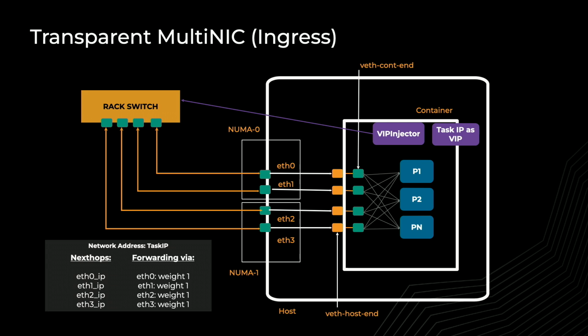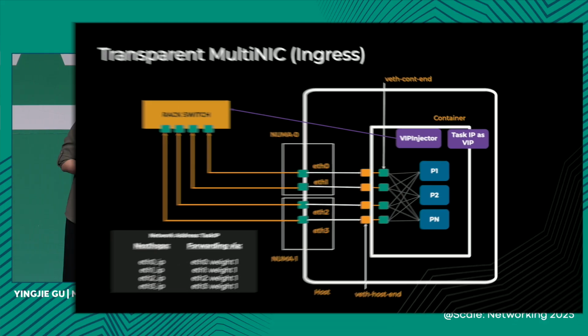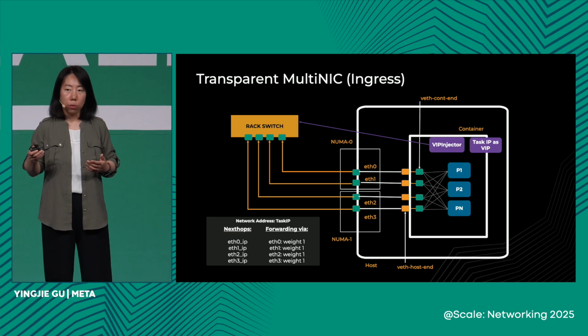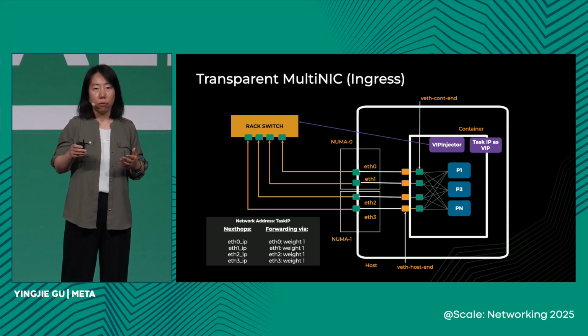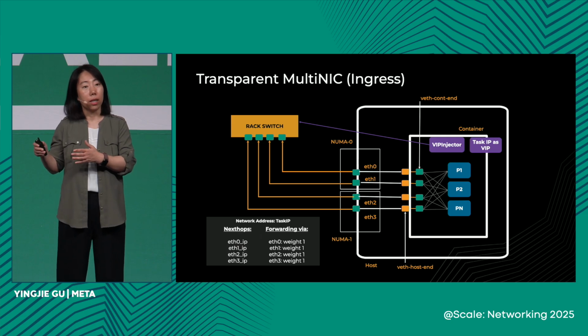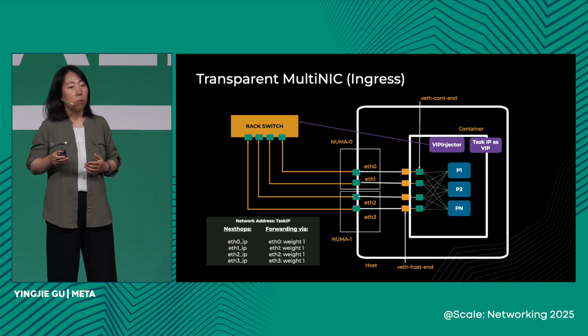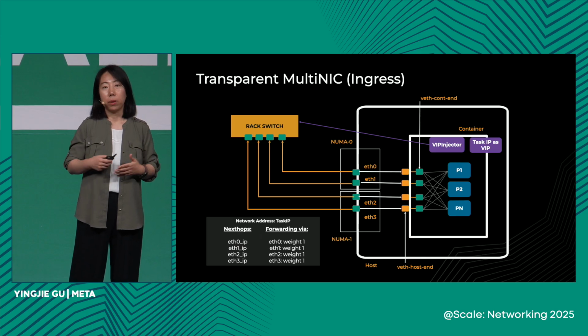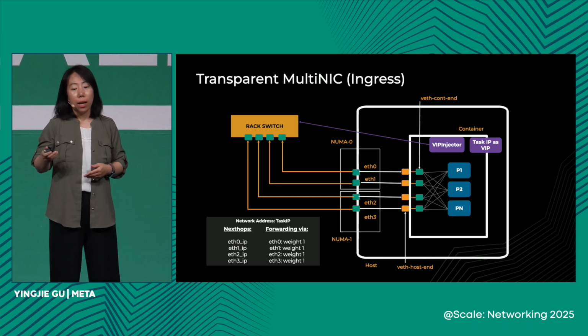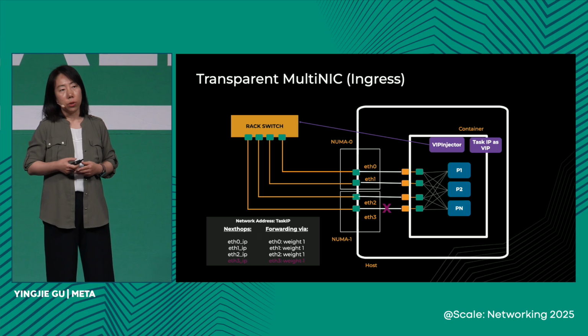So an ECMP forwarding table is created on the rack switch. When the traffic flow comes to the rack switch, consistent hashing will assign these flows onto dedicated next hops. This way, we spread out traffic evenly among all the available NICs. And there is another advantage of using this BGP-based solution.